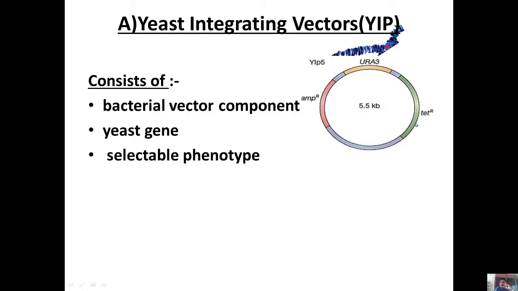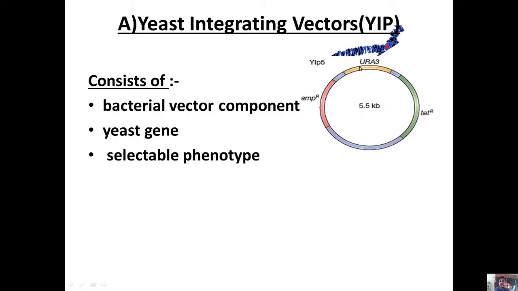Then you have to construct a YIP vector having the functional allele of URA3. That means this vector has the URA3 plus region. In addition to this URA3, you have to construct that vector by taking the adjacent regions of the URA3 as well. That means in the yeast chromosome, URA3 may have adjacent right and adjacent left regions, so you have to construct the vector with those adjacent regions too.